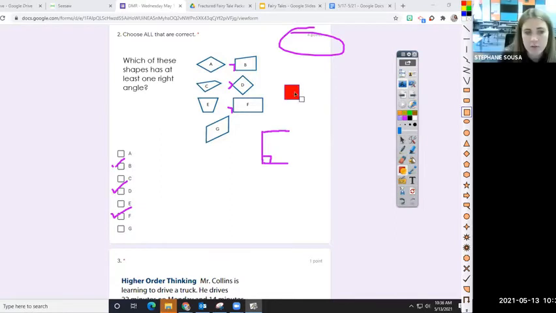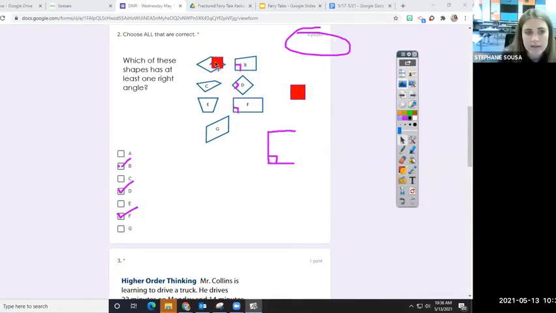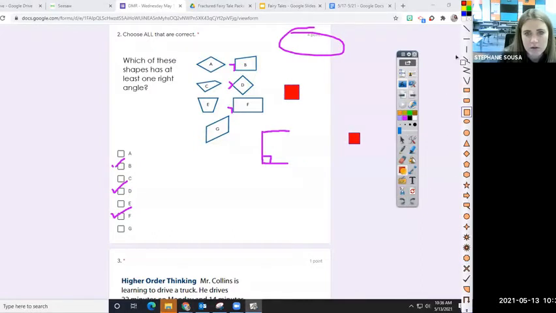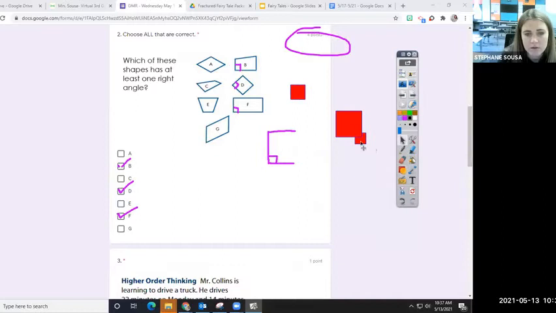Okay, so there's a square, right? I can take this and I can, it's not gonna let me turn. Maybe not. Okay. This is not a square.